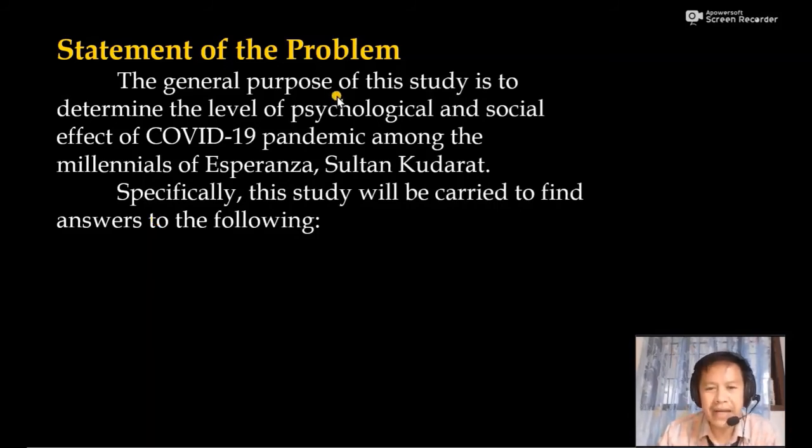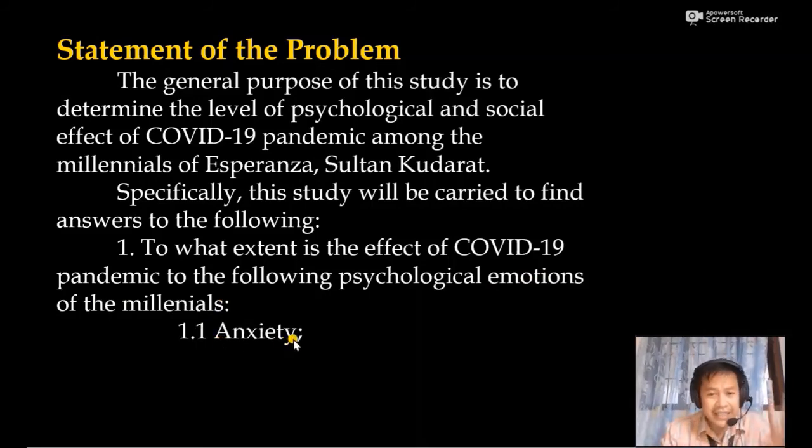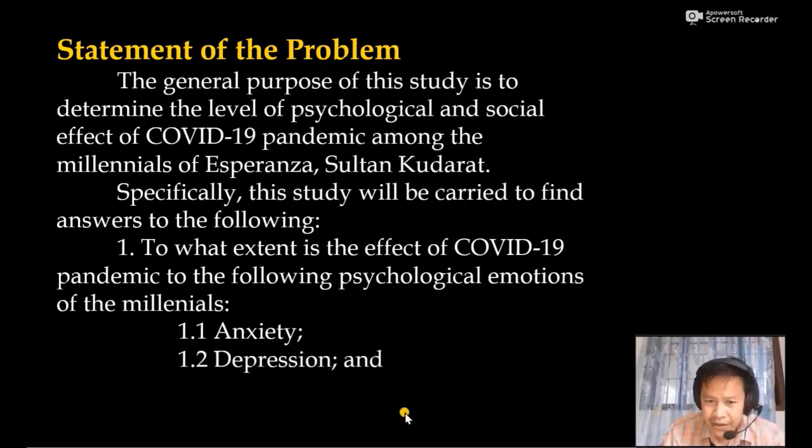Specifically, this study will be carried out to find answers to the following. Number 1, to what extent is the effect of COVID-19 pandemic to the following psychological emotions of the millennials? Take note, anxiety, which we have already enumerated just a while ago. Number 2, depression. And number 3 is stress.